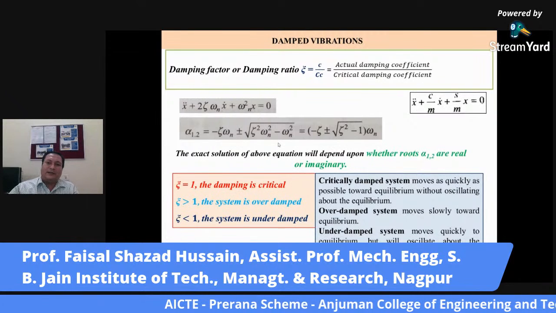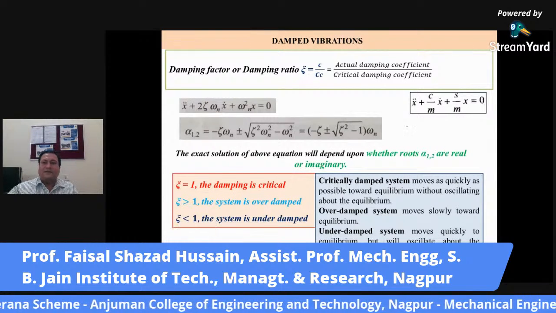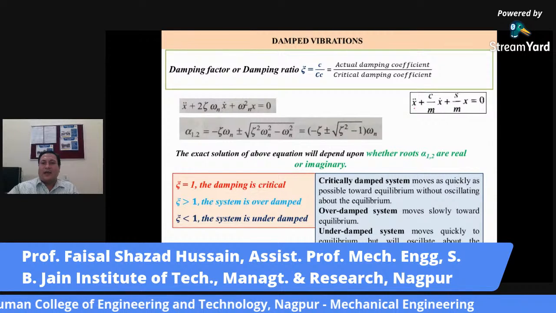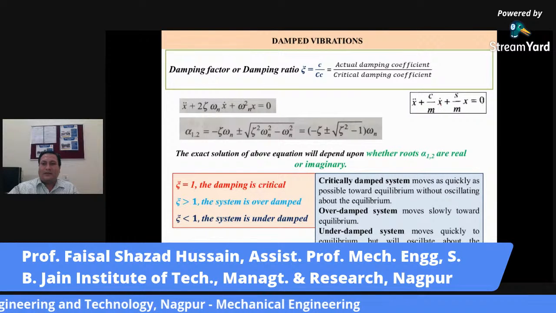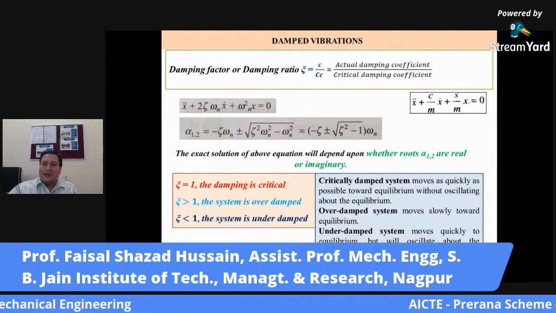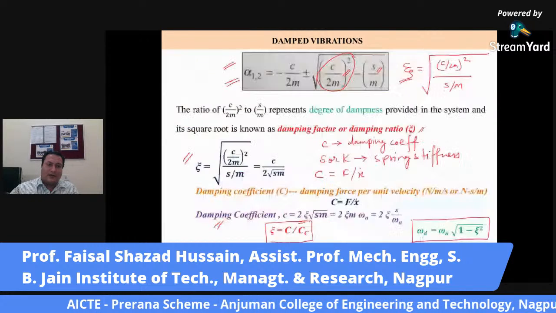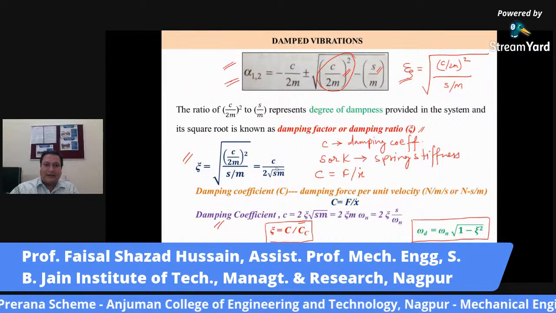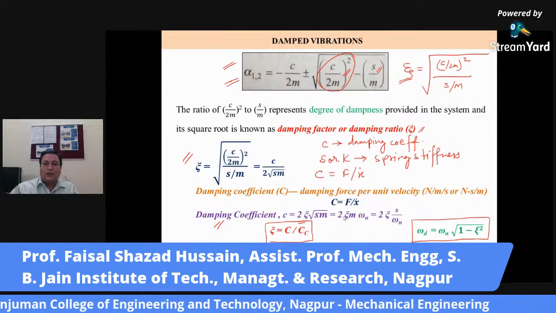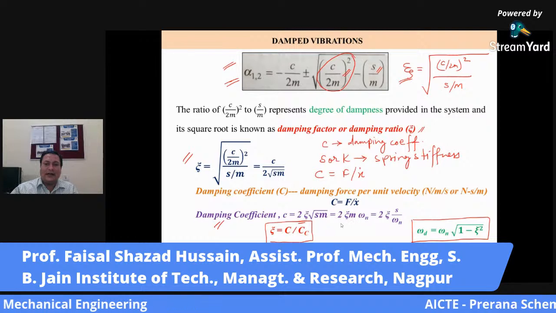Now as we know, we have seen this relation, x double dot plus c by m x dot plus s by m x equal to 0. In the previous slide we have seen what C is. I can write C equal to 2 zeta m omega n.